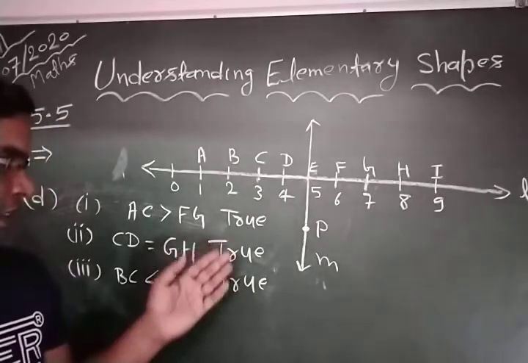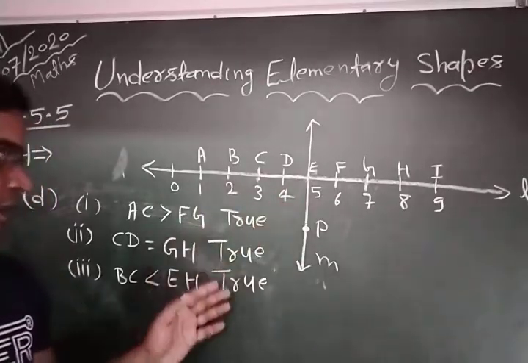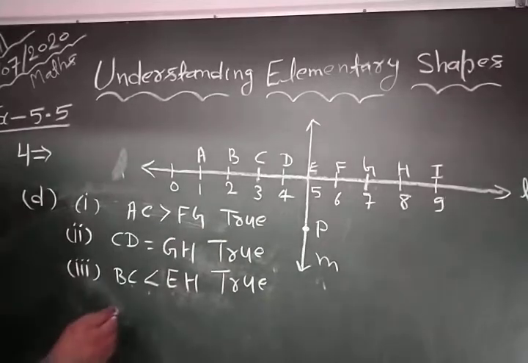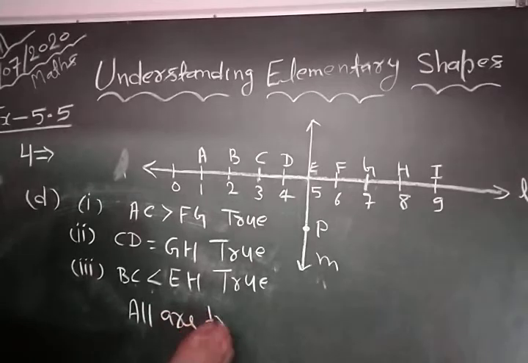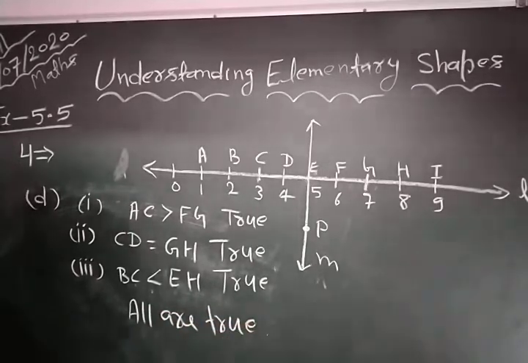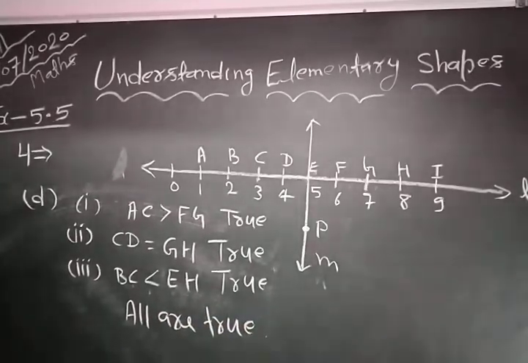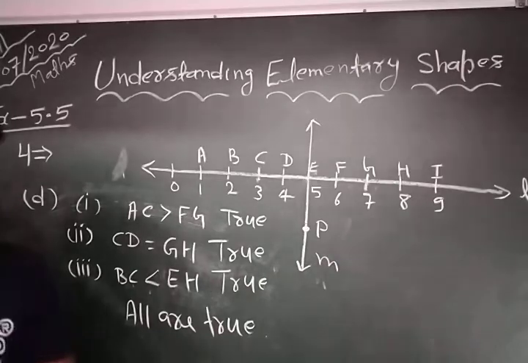So you can see here, according to these diagrams, all are true. So you can write here, all are true. Clear? So in this way, we have completed this exercise 5.5.